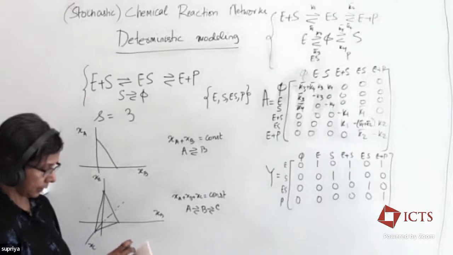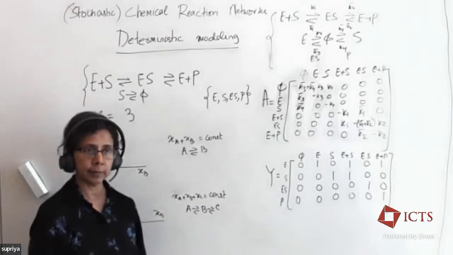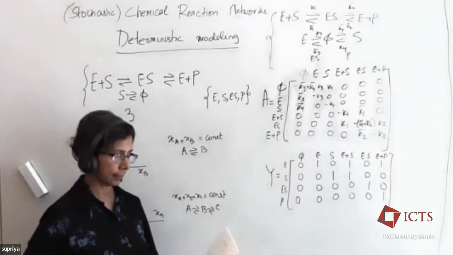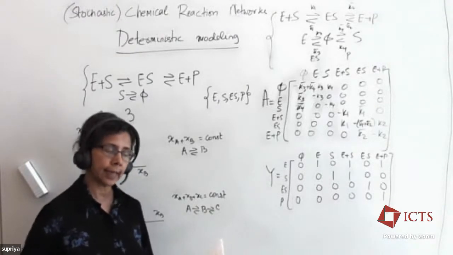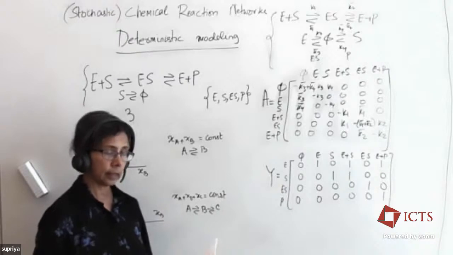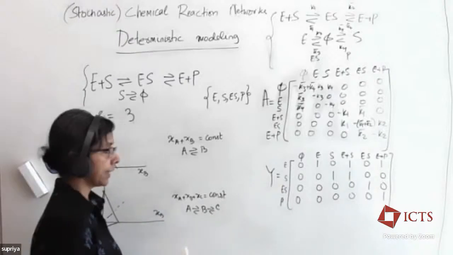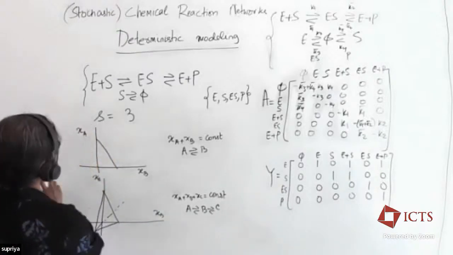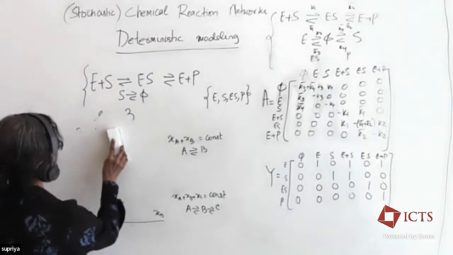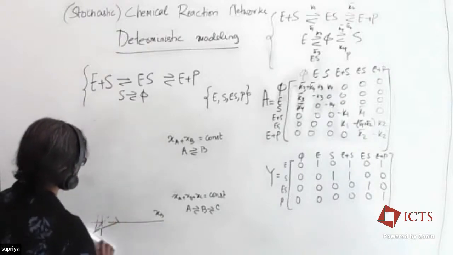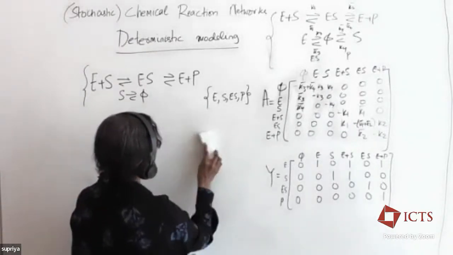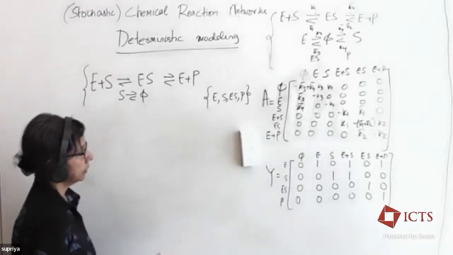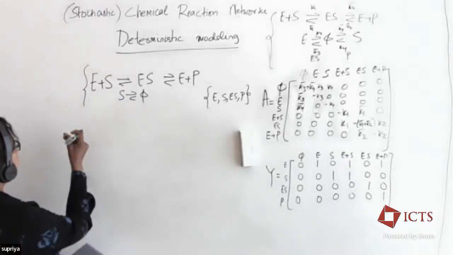Okay. So that was our stoichiometric subspace, because I felt maybe that we didn't get time to discuss it yesterday. And the reason that we were interested in that was because we could then calculate this very interesting quantity, which is called deficiency.